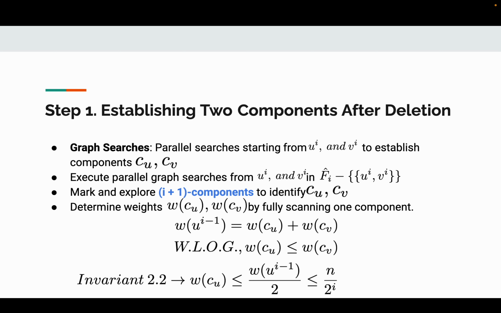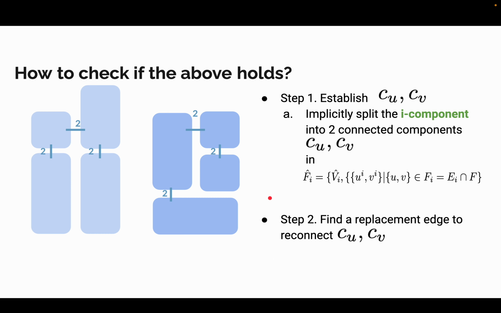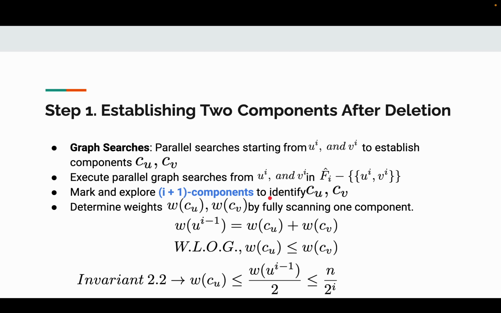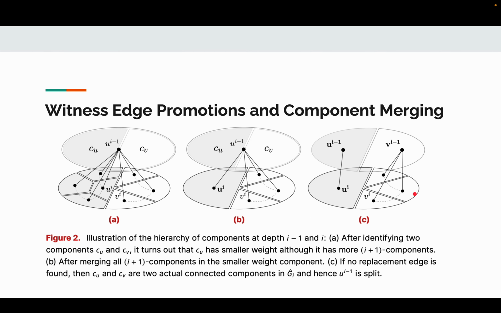Let's see. We execute a parallel graph search from u_i and v_i and find all the edges in F_i. F_i is E_i intersected with the spanning tree, right?